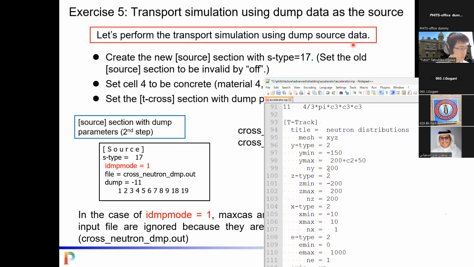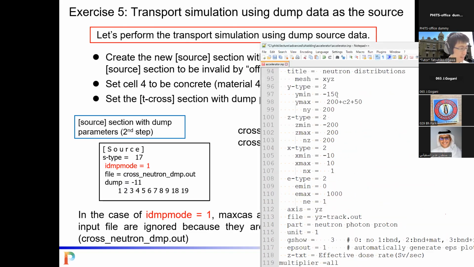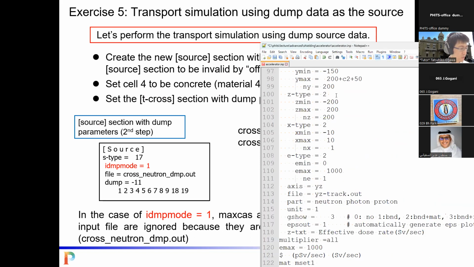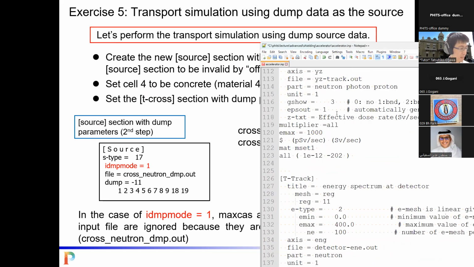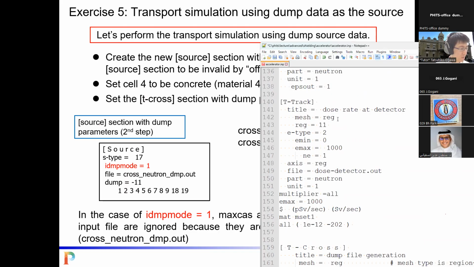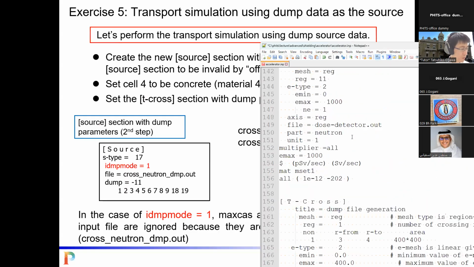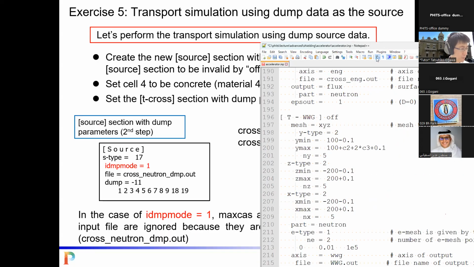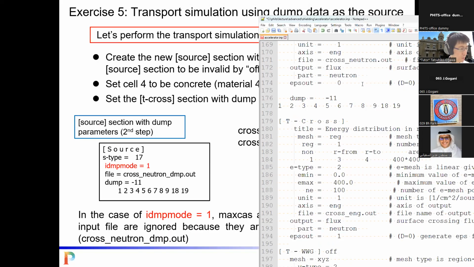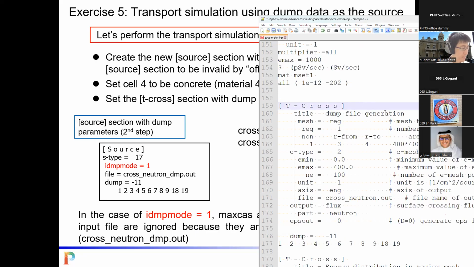And also, it is no use dumping particles again. So please turn off T-cross with a dump, which is here at line number 159.